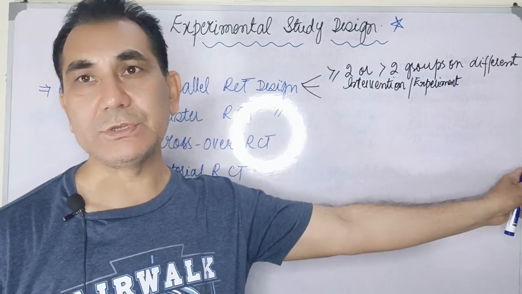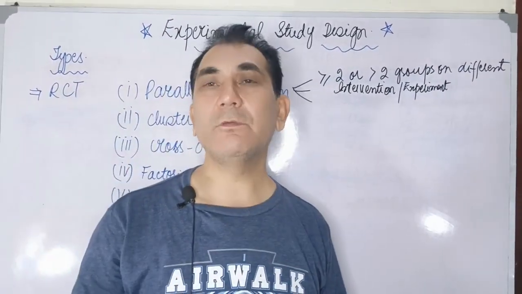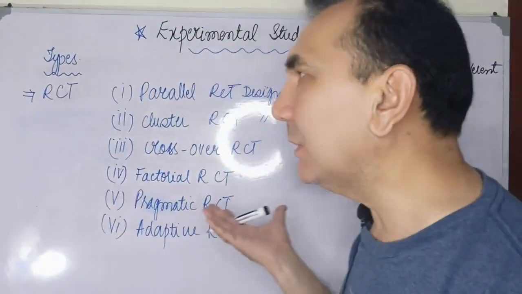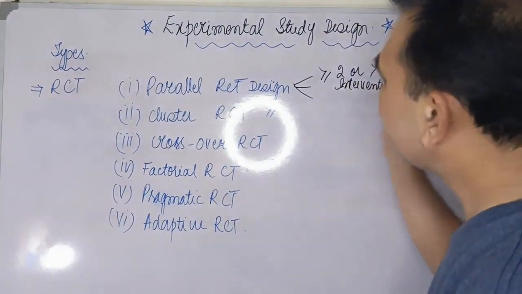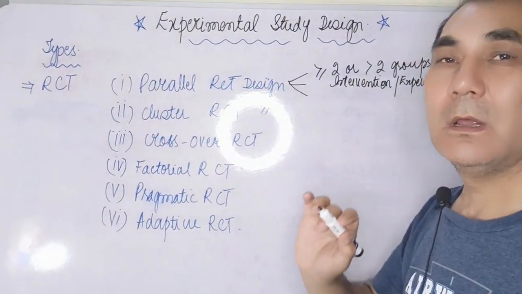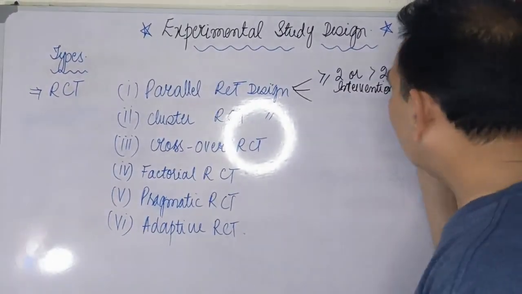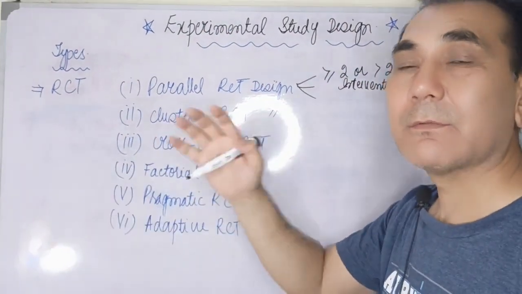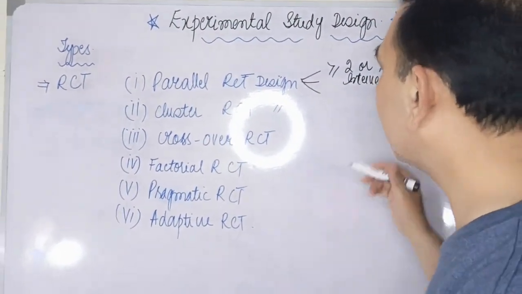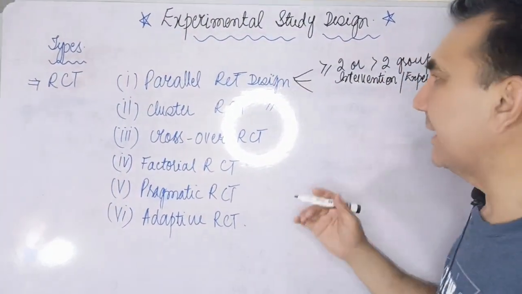And then he will see the effects of each intervention on each group. So the interventions will be allocated randomly, and each group will be assigned interventions randomly. So this is called the parallel RCT design.